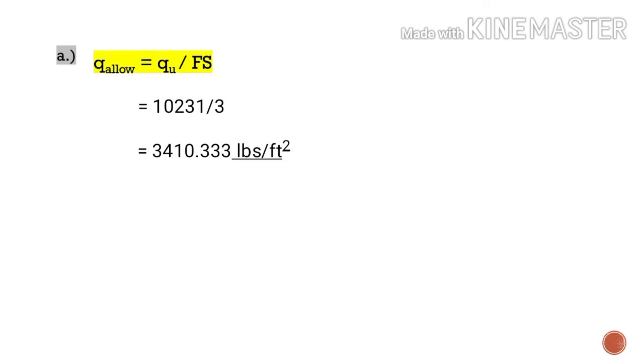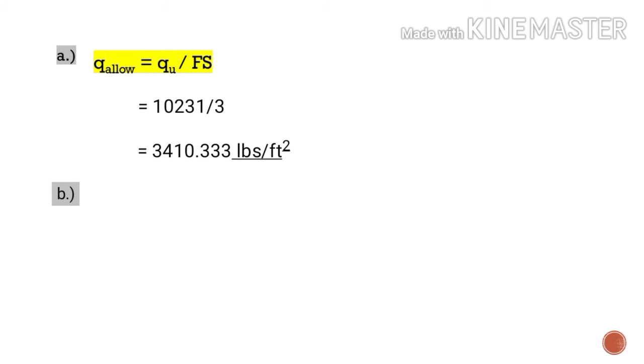To answer the first problem, the allowable soil bearing capacity, we use this given formula. Substituting the ultimate bearing capacity that we got, 10,231, all over the factor of safety, which is 3, we get 3,410.333 pounds per square feet.